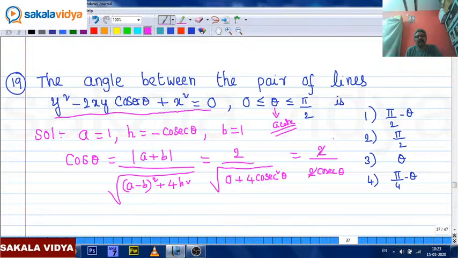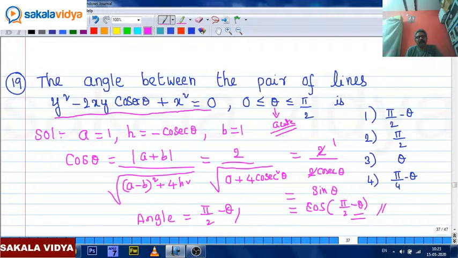This will be 1 by cosec theta, that is equal to sine theta. Cos theta is equal to sine theta, which we can write as cos of pi by 2 minus theta. Therefore, the angle is equal to pi by 2 minus theta. So the first option is the right option.